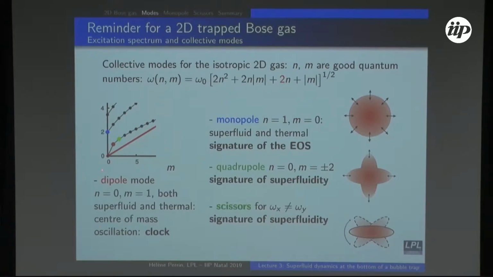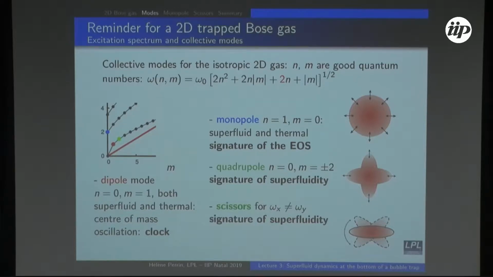Then for n equal to 1, sorry, so the second branch, and m equal to 0, there is a monopole mode, which is the same as the breathing mode. So now n is 1 and m is 0, so you're left with this term and this term. And so its frequency is twice the oscillation frequency.